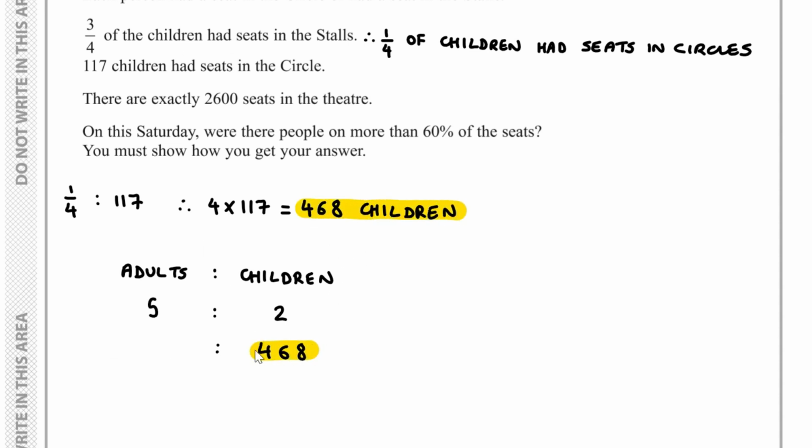So with this we can find out how many adults we have. Well, to go from 2 to 468, we need to multiply by 234. So we will multiply 5 by 234, and if I work out 5 times 234, it turns out we get 1170.